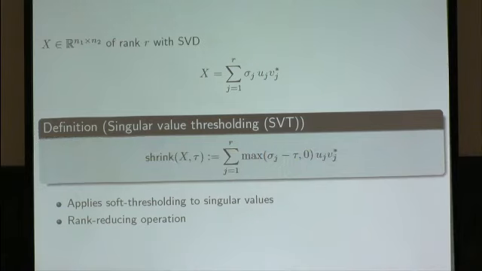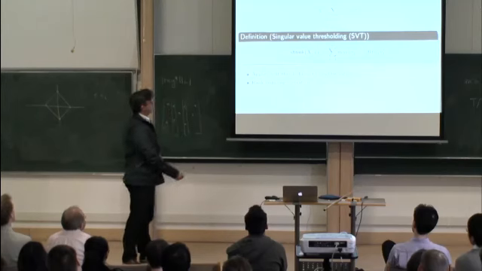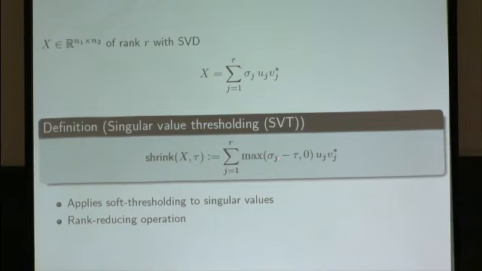Okay, so we're going to introduce a very simple nonlinear operator, which is a singular value thresholding operator. It is very simple. It gives me the SVD of a matrix, and what I'm going to do is push down the singular values by tau. So it takes as input a matrix, computes its SVD, and shifts the singular values towards 0, but they should not become negative.